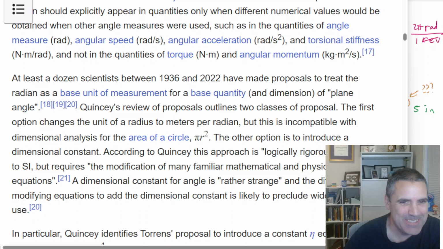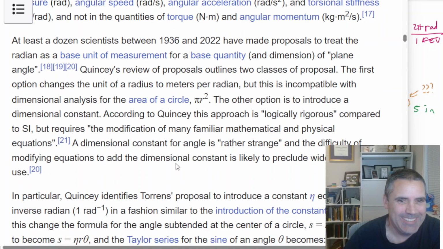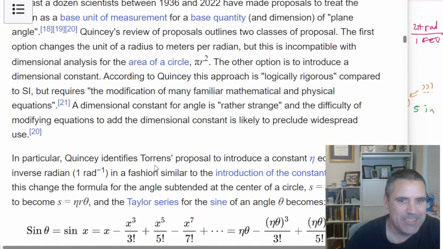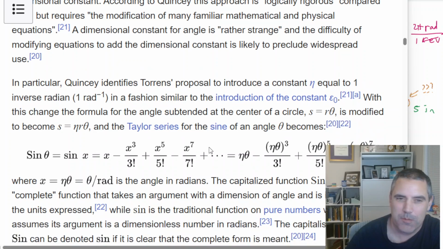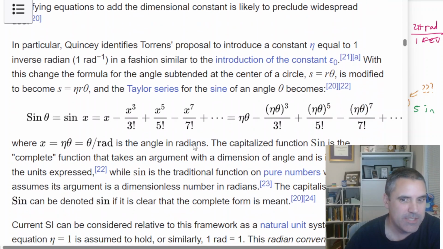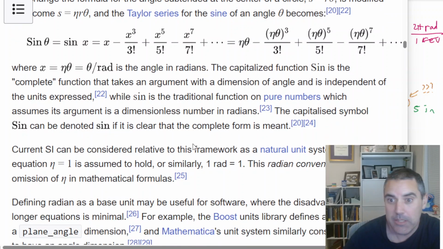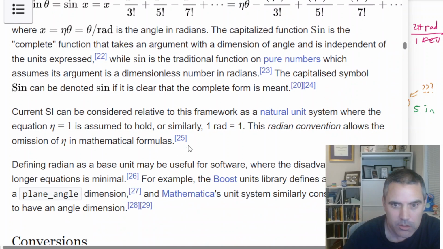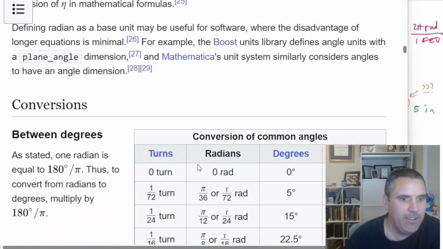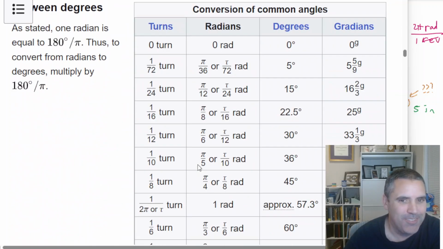So this question is long-standing. The formula is correct, but how we handle it in terms of dimensions has really bothered physicists for a long time. And so if you're a student and you're feeling that, you're not alone.